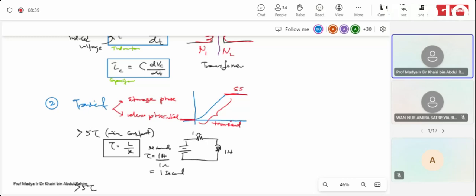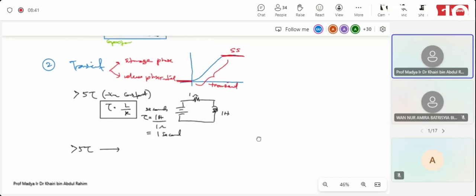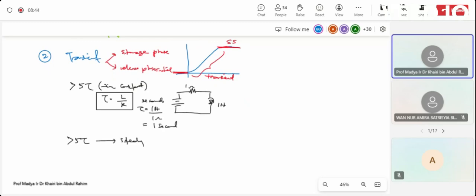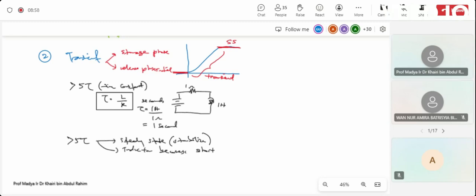And what happened after time constant? After 5 time constants, it reaches steady state, stabilizes. Okay, so the inductor becomes a short circuit.